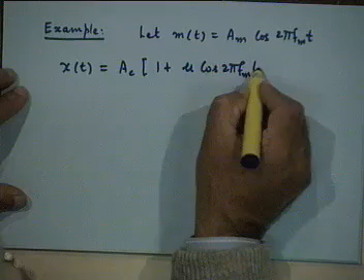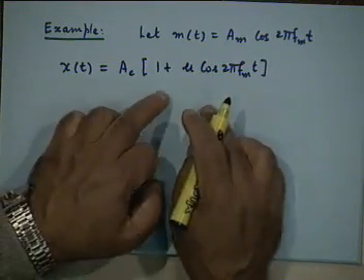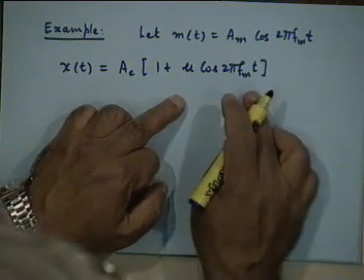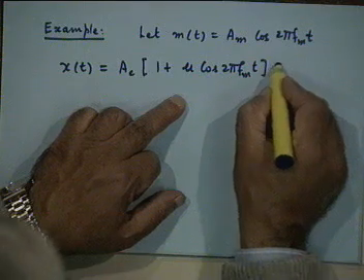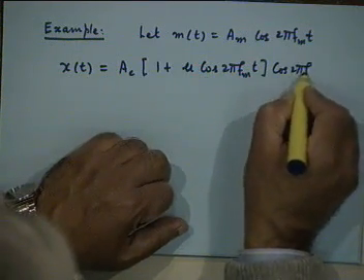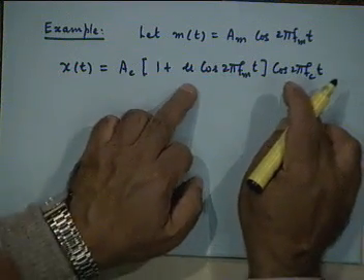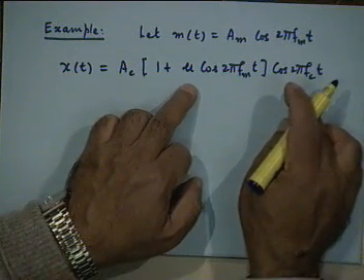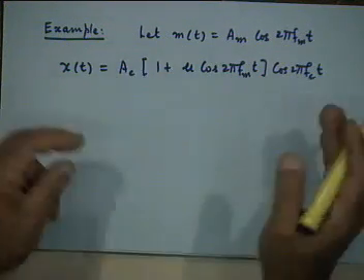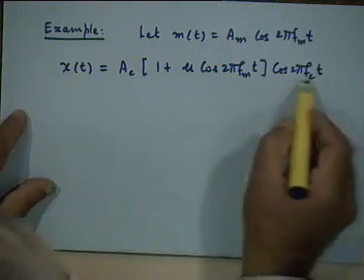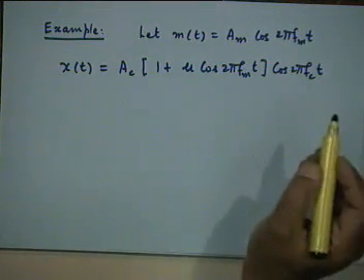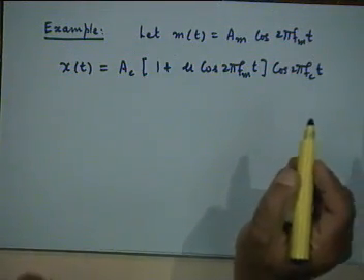Something like this, right? 1 plus mu times the message waveform m of t into the carrier.